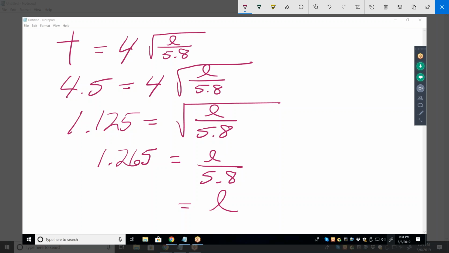What's 5.8 times that number? That'd be 7.337. Now, were there any instructions as to rounding it off to the nearest place? Do not round until the final answer, then round to the nearest tenth as needed.